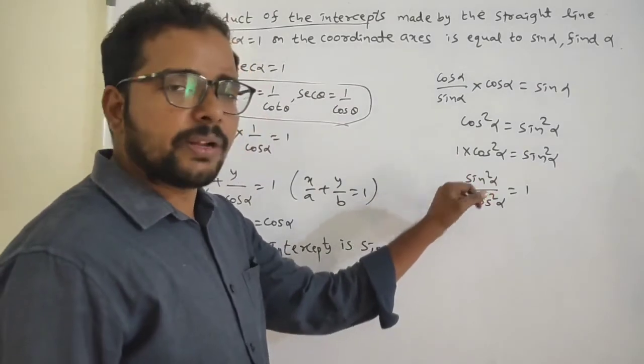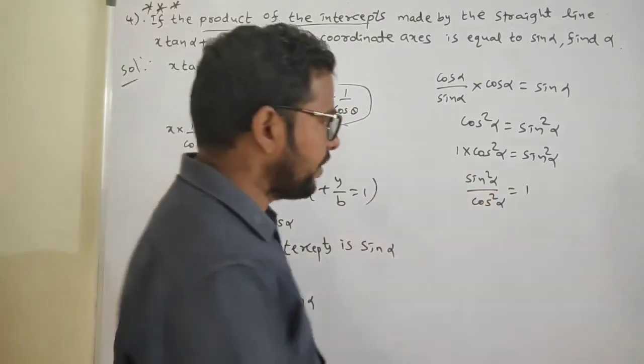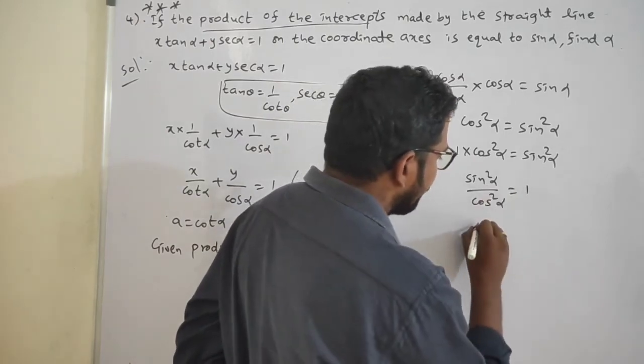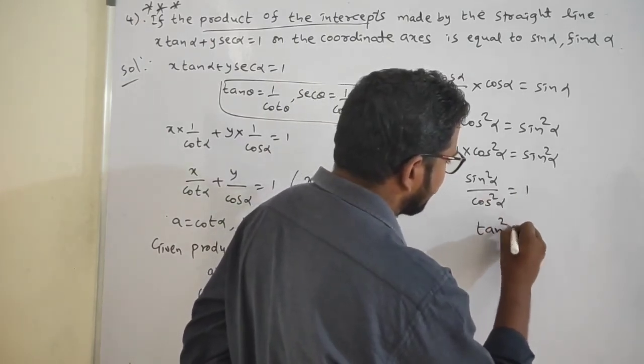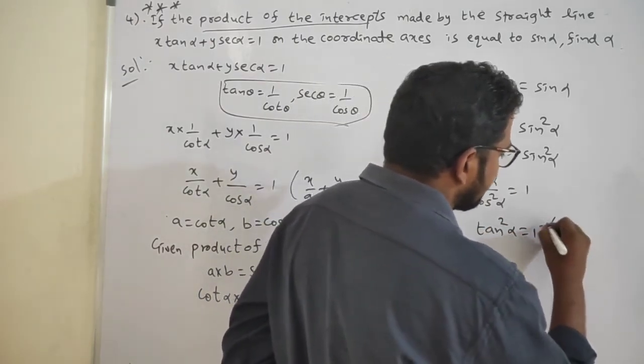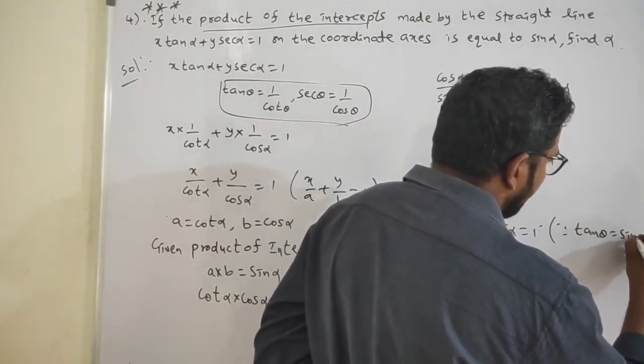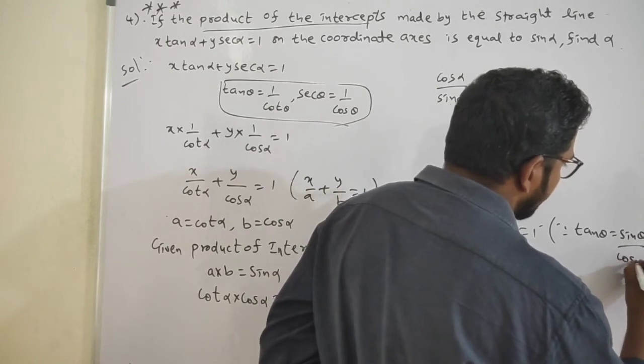Sin theta by cos theta is equals to tan theta. We know already, tan theta is equals to sin theta by cos theta. So we can write this as tan square alpha is equals to 1.